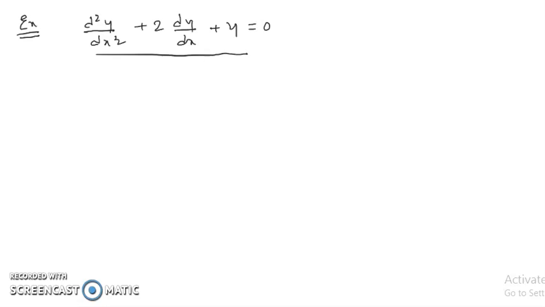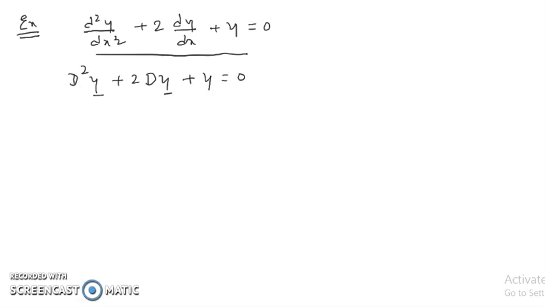Let me consider an example for this one. d square y by dx square plus 2 dy by dx plus y is equal to 0. This one is a simple example. As we have discussed in the theory, I'm going to introduce capital D. So it becomes D square y plus 2 Dy plus y is equal to 0.